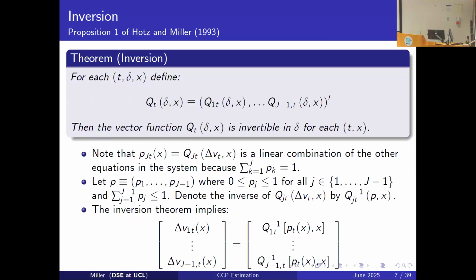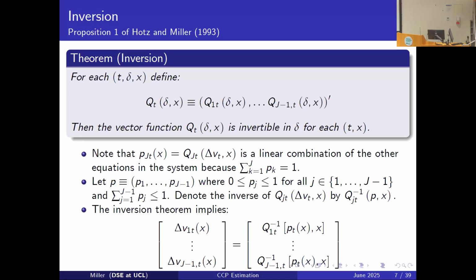Let's define this vector from Q1 to Qj minus 1. Those are just the conditional choice probabilities for the static model in which people are getting these deltas. There are as many deltas as there are conditional choice probabilities.